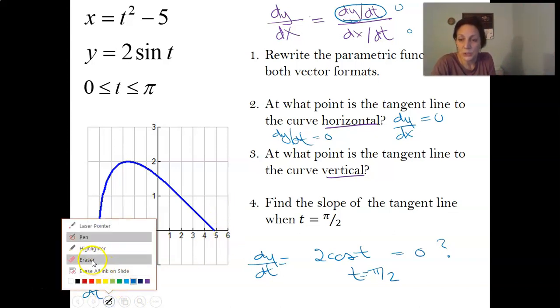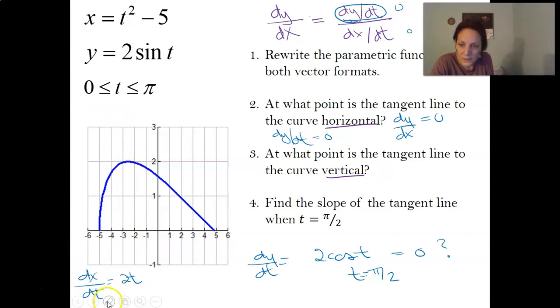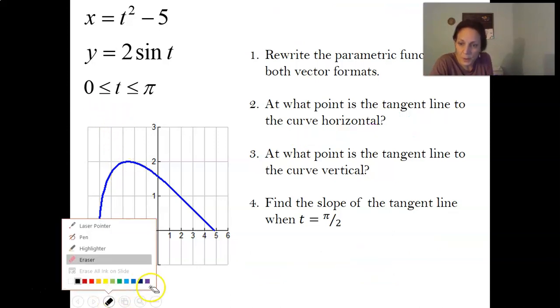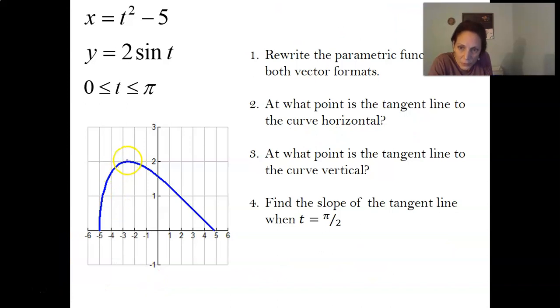And I would like you to note here that on this graph, you see there's a horizontal tangent here. But again, look where it is. That's not pi over 2, because pi over 2 is the time. This point right here, it's going to come from these at pi over 2.